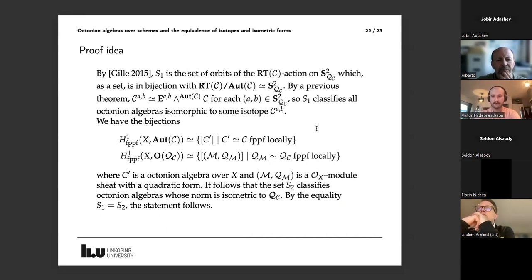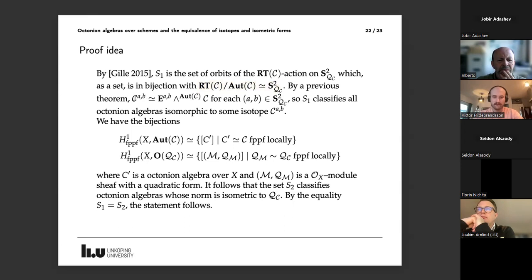And this set of orbits will be, as a set, in bijection with our quotient here, since this is the group quotiented by its stabilizer. And we also showed this isomorphism.